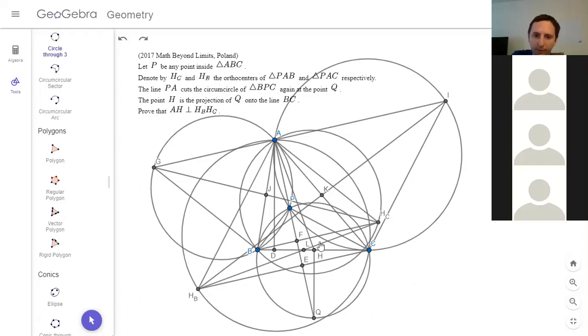So HBC over CL, that's the same as BHC over BL, which is the same as the sum of those two over BC.